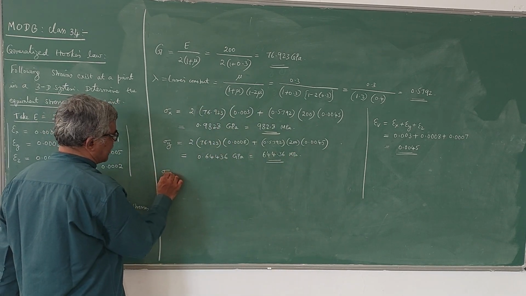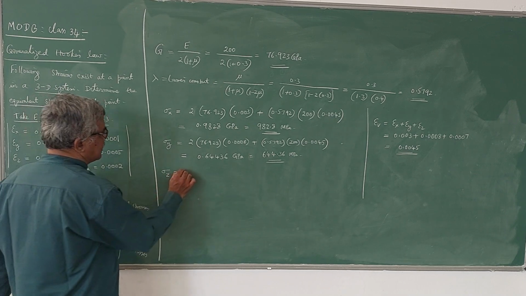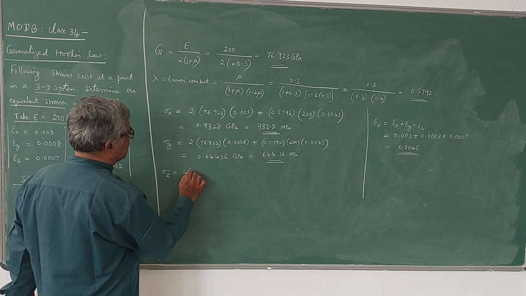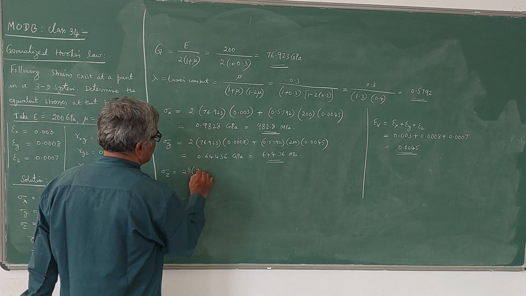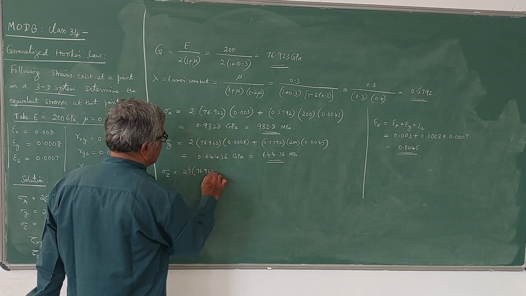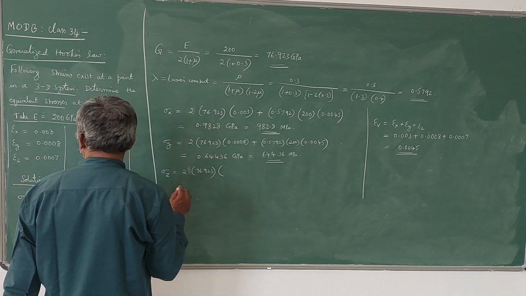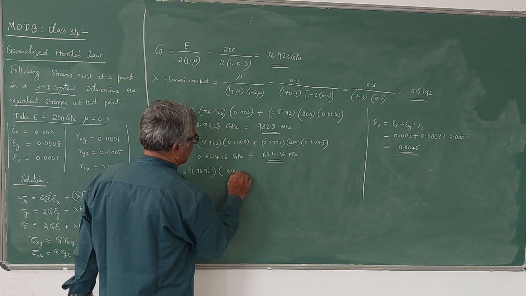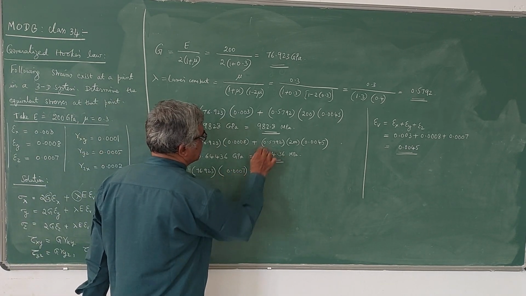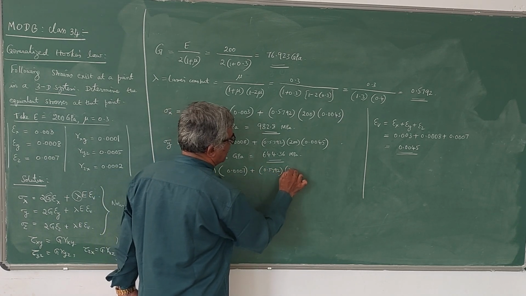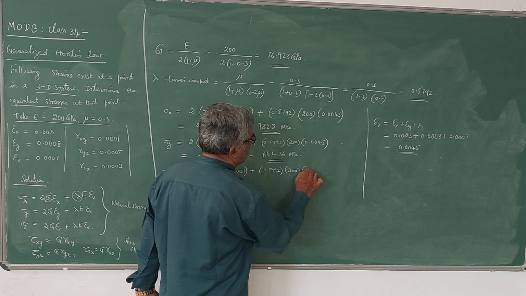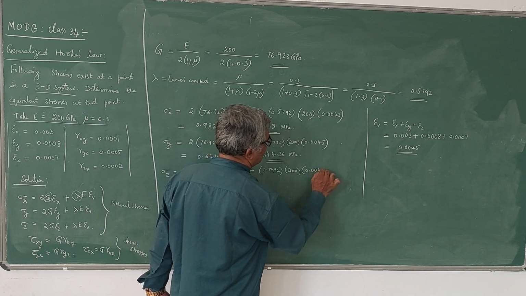Next, sigma z. Sigma z is 2 into g into epsilon z. So g is once again 76.923, epsilon z is 0.307, plus this term remains the same, 0.5792 into 200 into 0.0045.